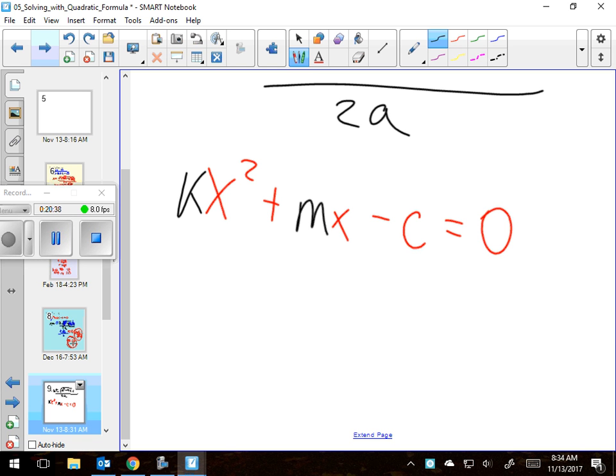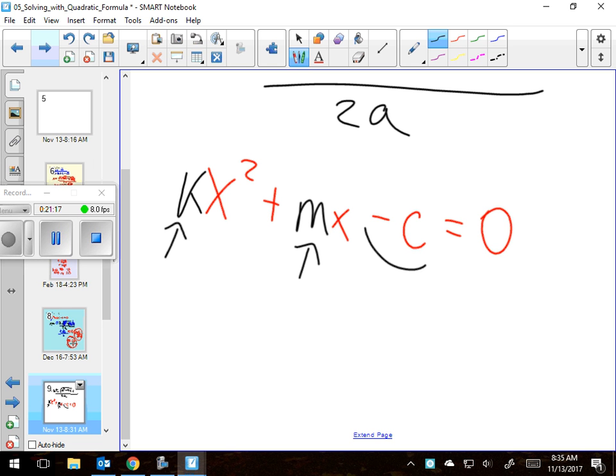Do you get that it's still the same formula, x equals negative b plus or minus square root b squared minus 4ac all over 2a, but the b is actually m, the a is actually k, and the c is actually negative c. Do you get what I'm saying?